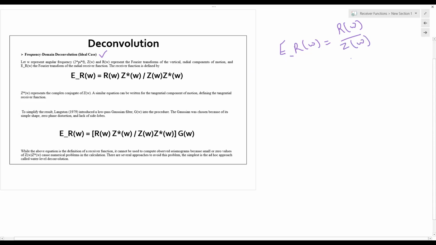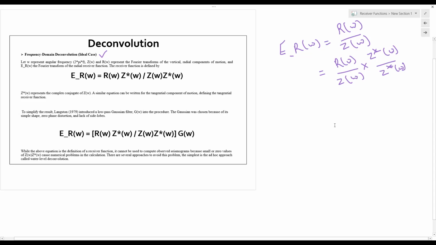Okay, so in deconvolution, you will have to multiply both the numerator and the denominator by its conjugate. So this is the ideal case that you will have to follow in order to deconvolve the vertical component from the radial component.